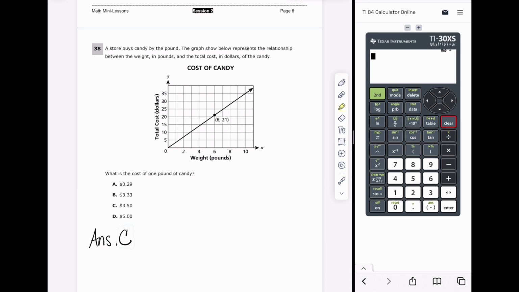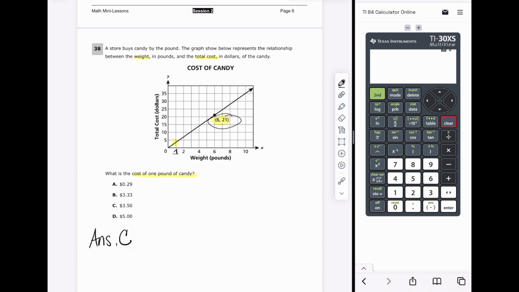A store buys candy by the pound. The graph shown below represents the relationship between weight in pounds and total cost of the candy. What is the cost for 1 pound of candy? So they're giving us a 1 point, and we want to know this point over here when candy is 1 pound, but it's not exact. So I'm going to use this point to figure it out.